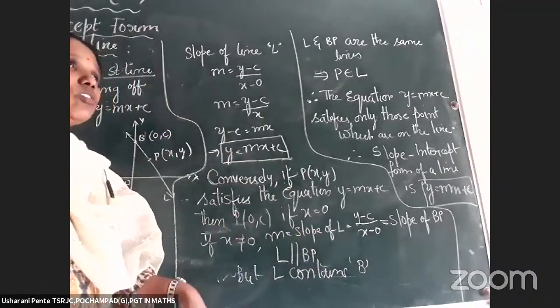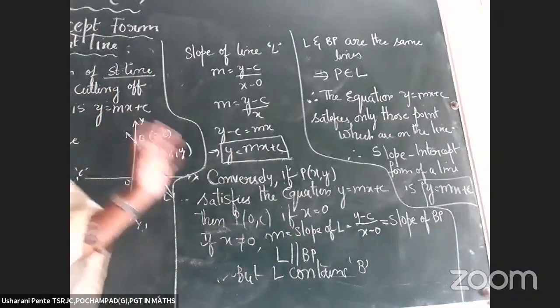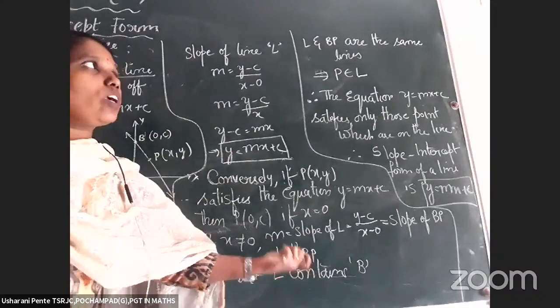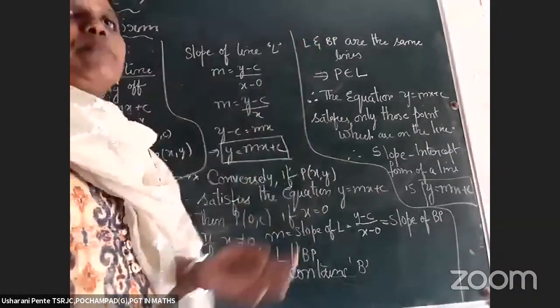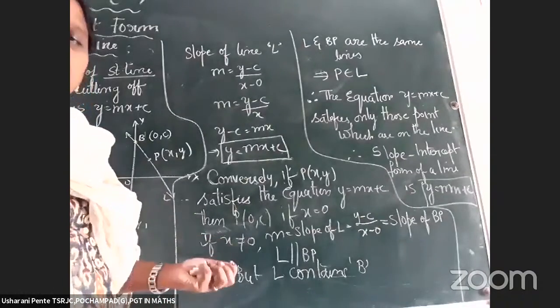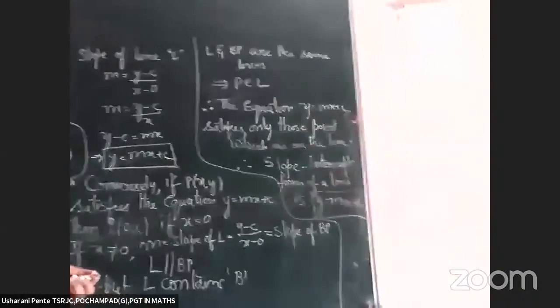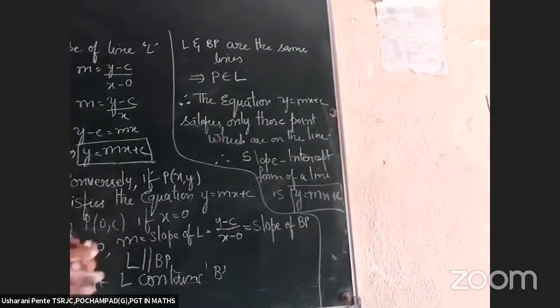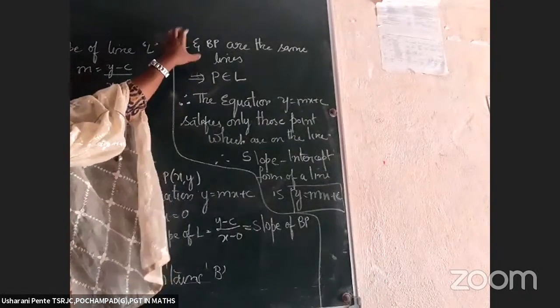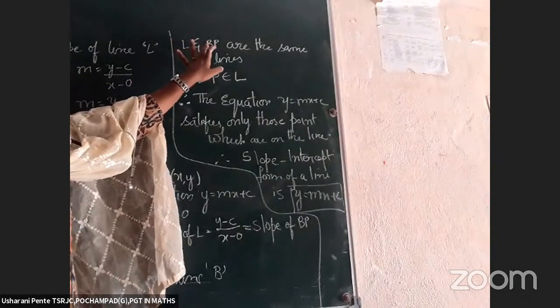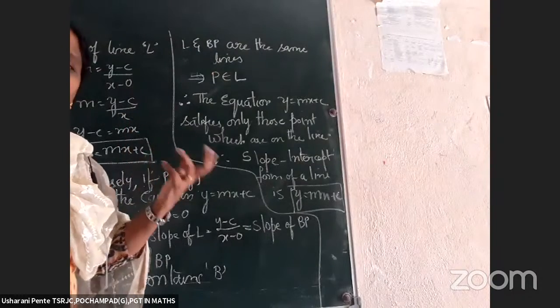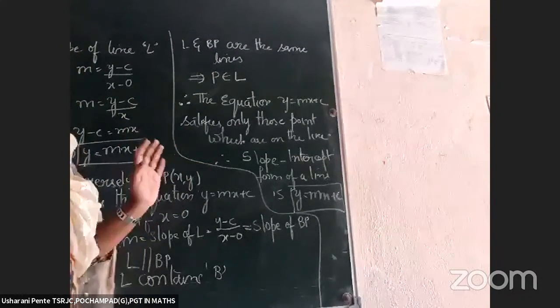But already we know that L contains B, and BP contains B. Therefore, L and BP are the same line. Hence we got a confirmation that L and BP are the same, not different lines.